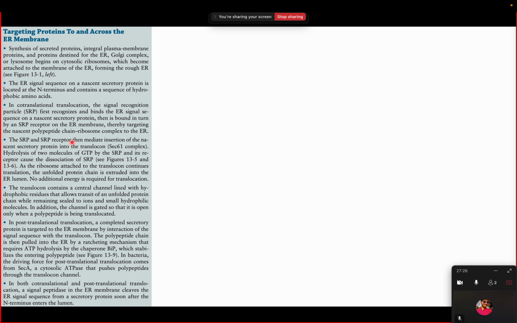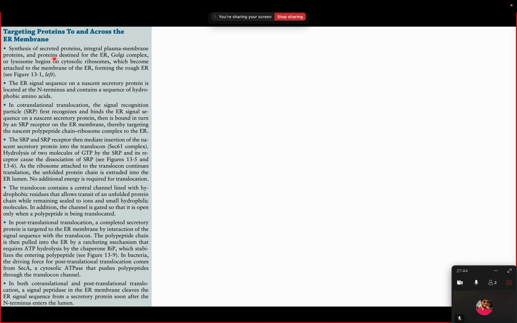SRP and SRP receptor then mediate insertion of the nascent secretory protein into the translocon. Hydrolysis of two molecules of GTP, we have not discussed this. Why? Because we have not discussed the GPCRs, which we are going to discuss today.